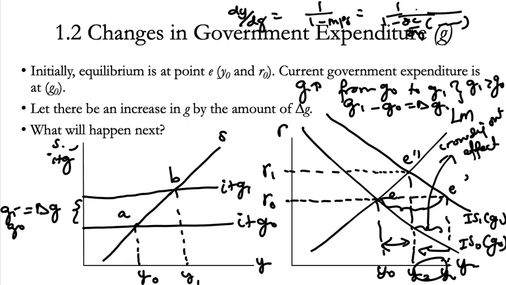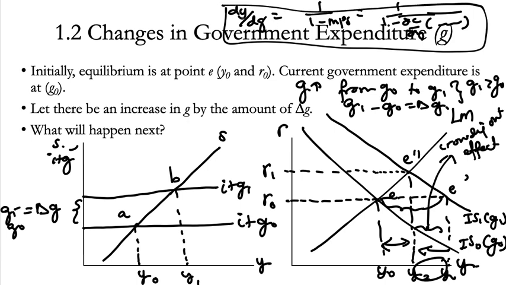Can you recall back in chapters 3 and 4? Alright, but this time, we can see that the change in income due to the change in G does not incorporate the change in R, or interest rate.